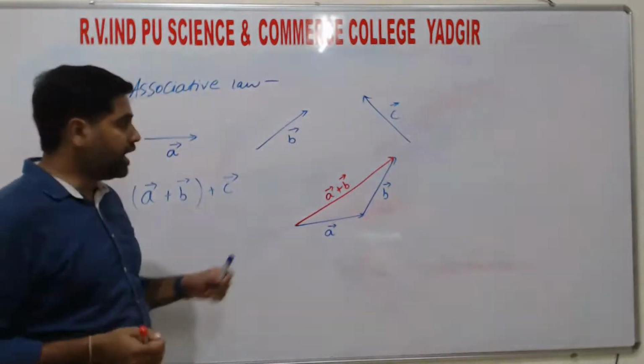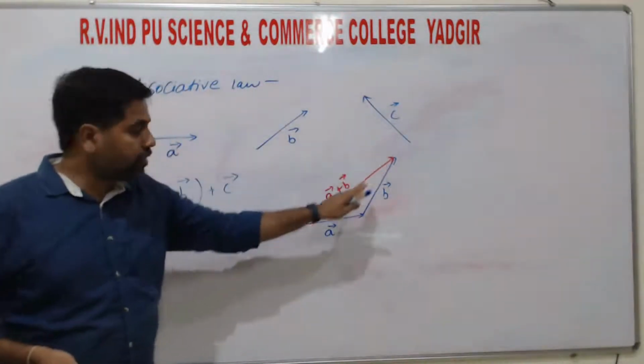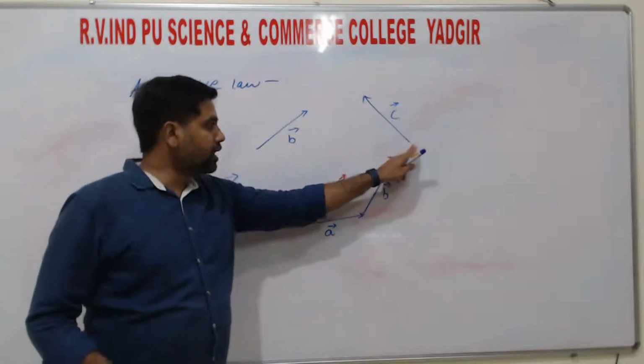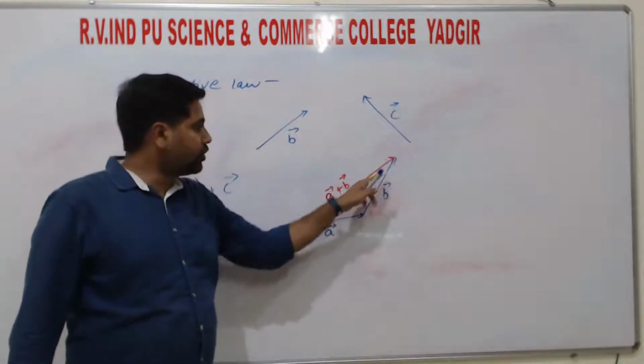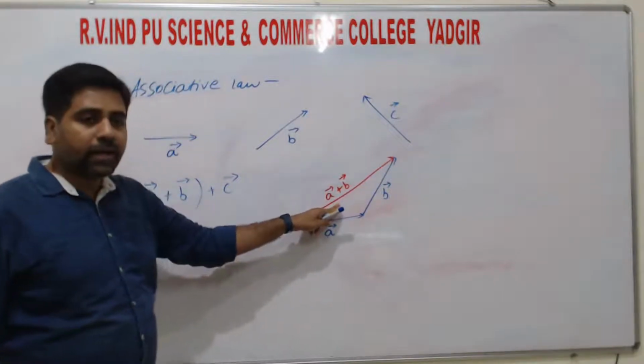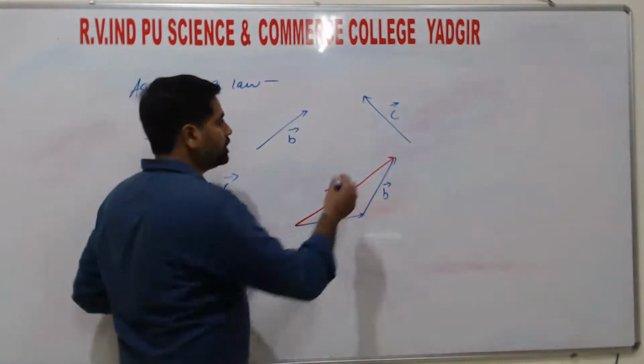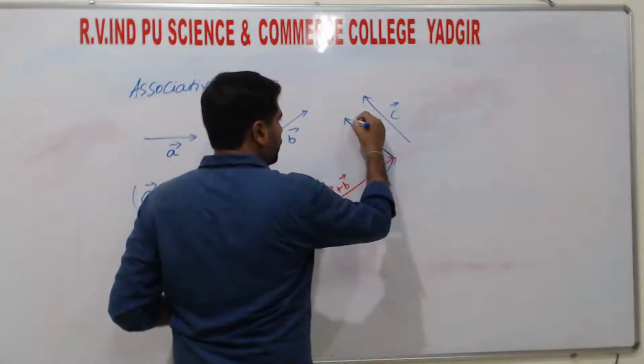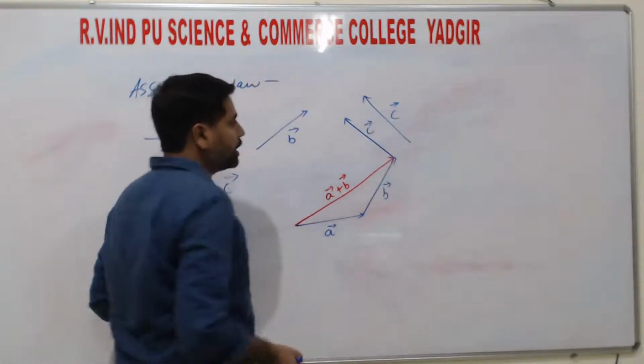Now we add this vector C with this resultant A plus B, joining the tail end of vector C to the resultant of vector A plus B. So we draw like this. This one is the vector C.